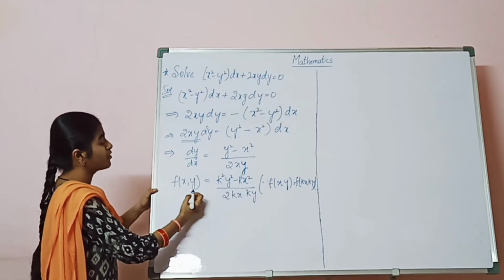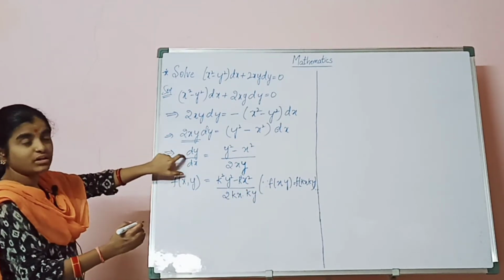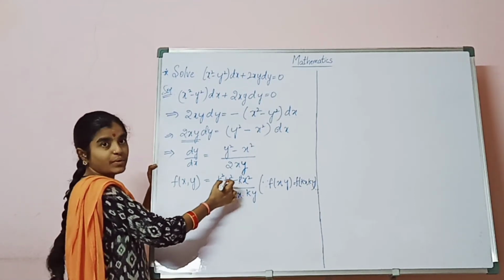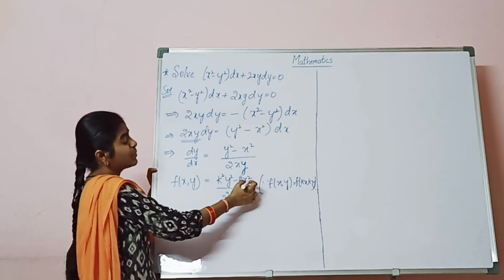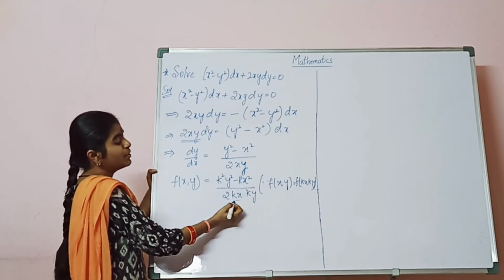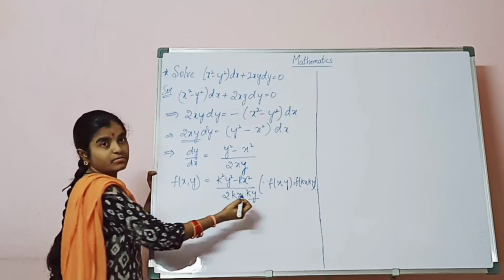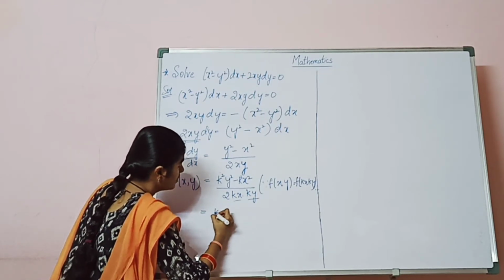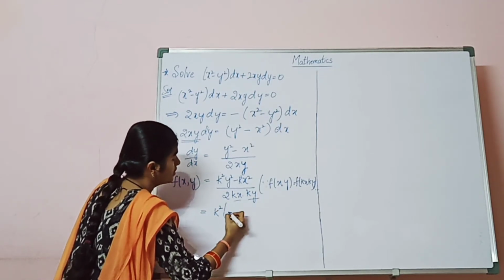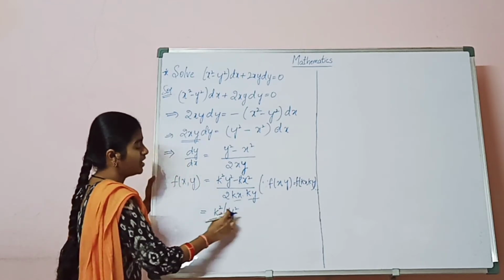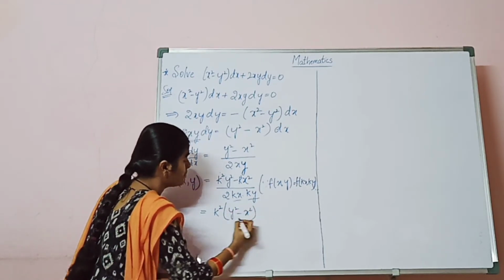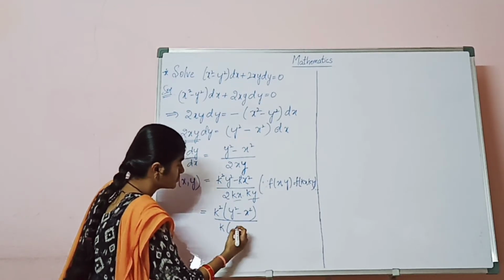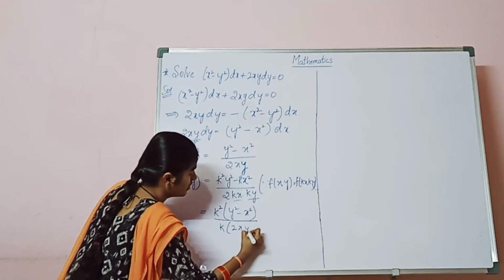So f of x comma y means dy by dx equals, now we should take k here: k square into y square minus k square into x square by 2 into kx into ky equals k square common, y square minus x square by k into 2xy.